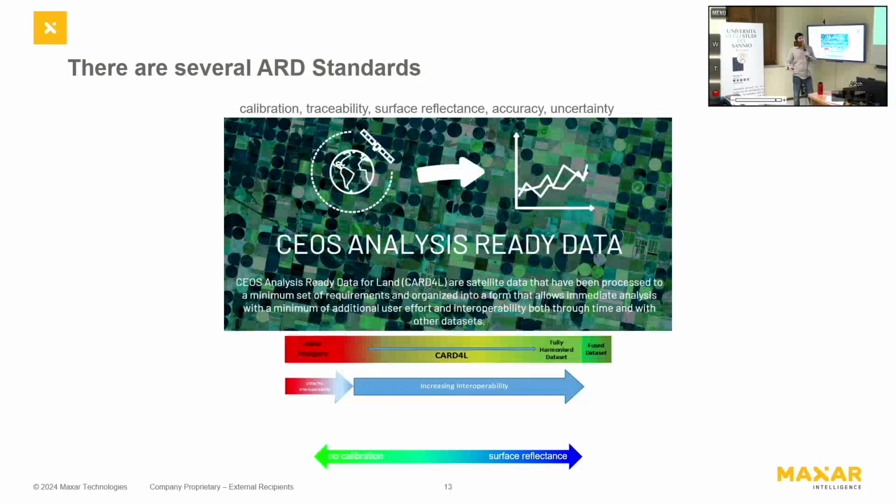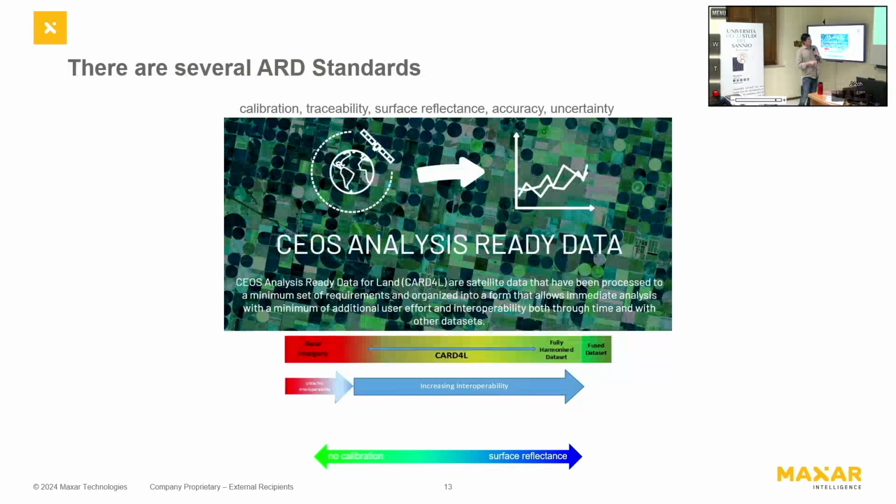It is not what other providers use. And you have the extremes here. You have raw imagery and you have fully harmonized data. Fully harmonized data means that if you get a Landsat collection, it will look identical or as close as possible to Sentinel and vice versa. This is what harmonization means. And somewhere in between, there is this ARD process.